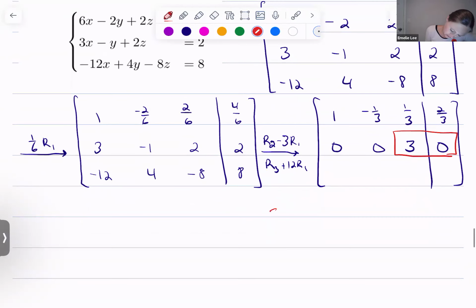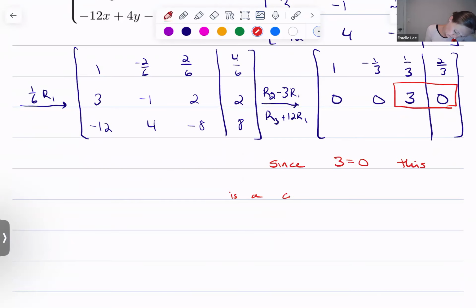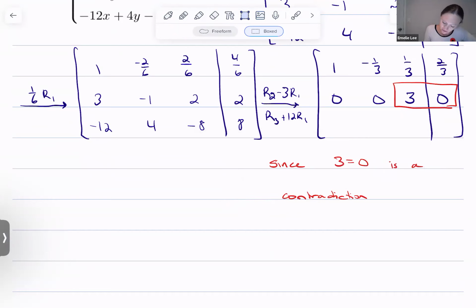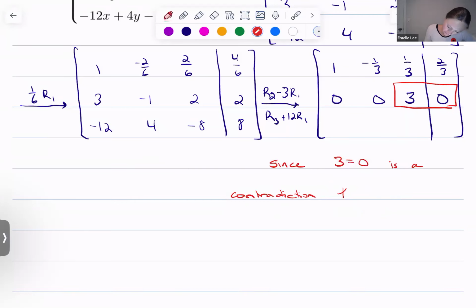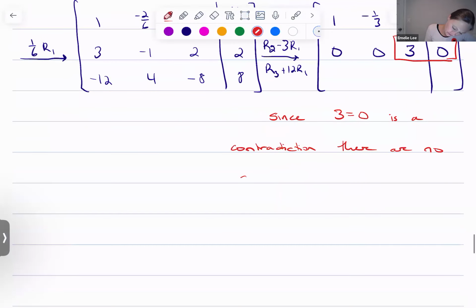So since 3 equals 0 is a contradiction, there are no solutions. There are no solutions.